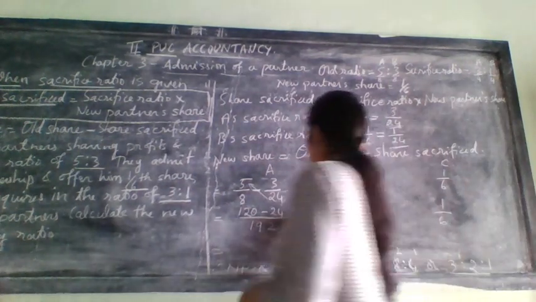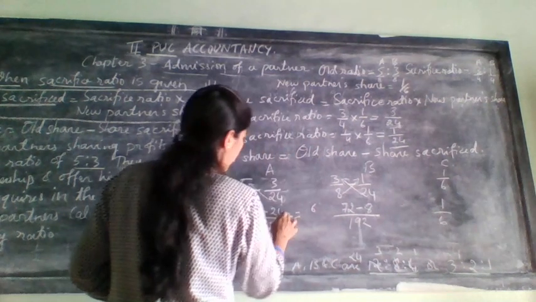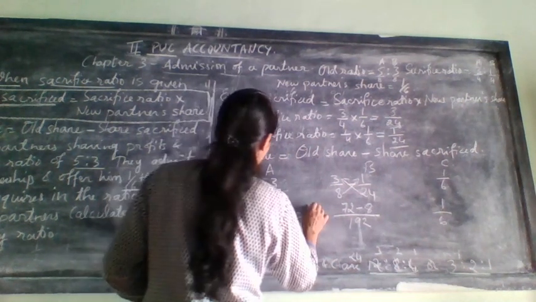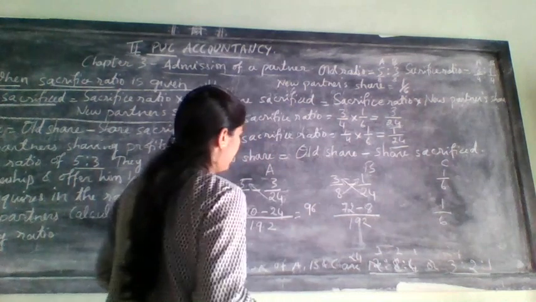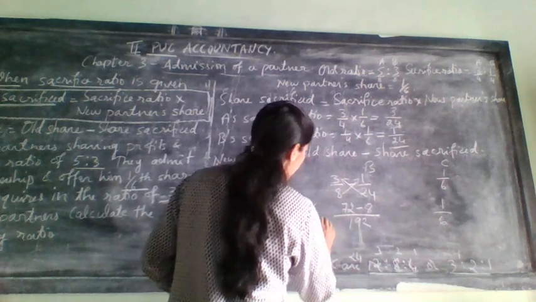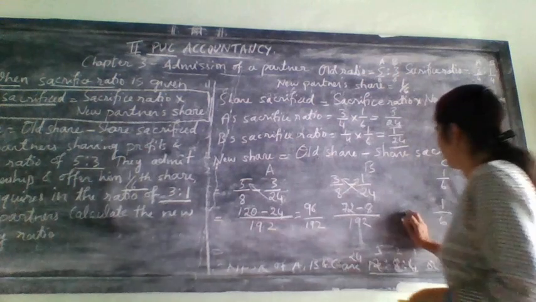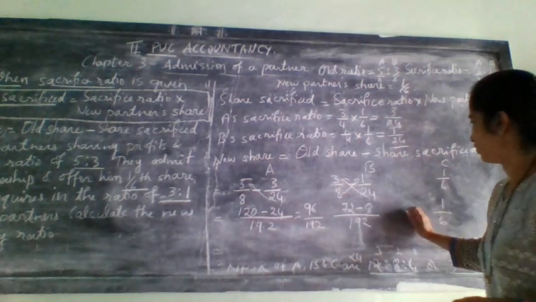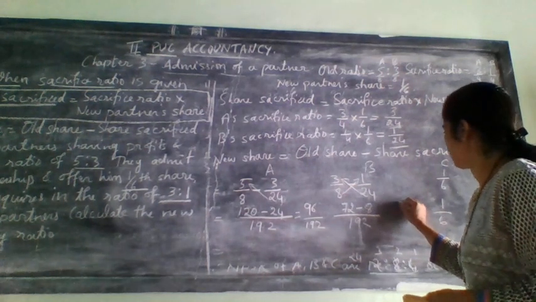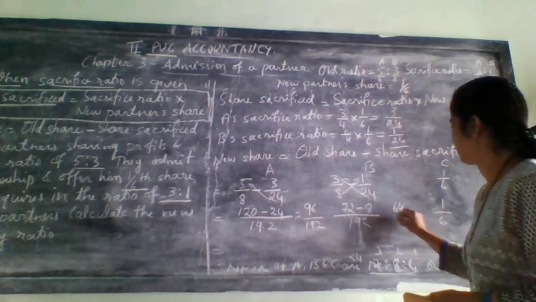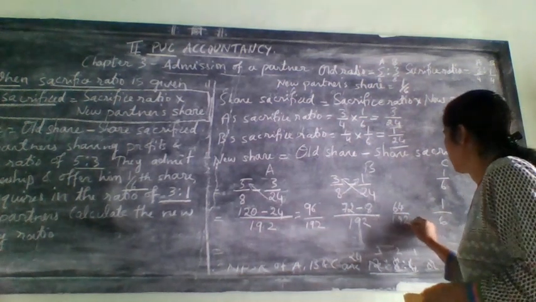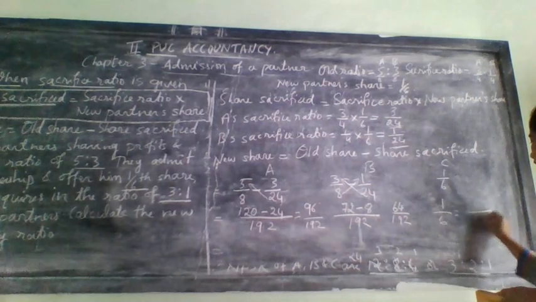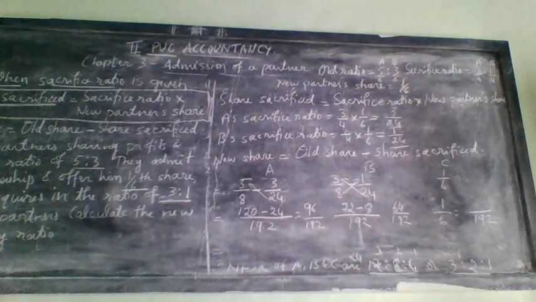Write the answer here itself. 6 by 192. Here you will get 464 by 192. Here you can convert this to 192. Take your calculator. 192 divided by 6. 192 divided by 6 means it will come how much?